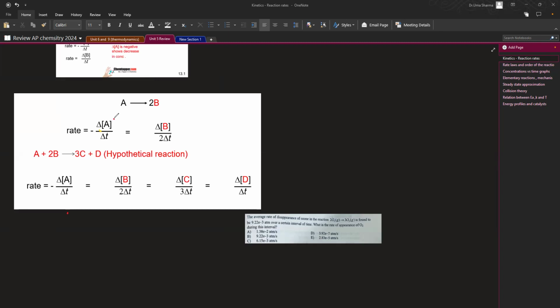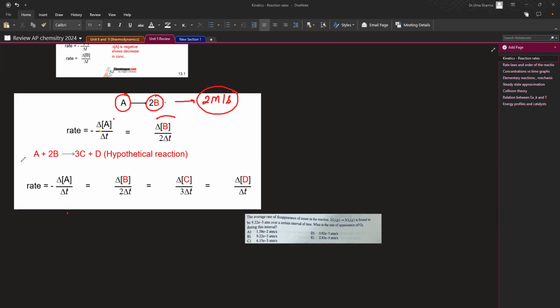If the rate of appearance of B is 2 molar per second, can you tell me what is the rate of disappearance of A? Yes, Nivriti, very good and very fast. It's 1 molar per second. Yes, this is the first set of questions.